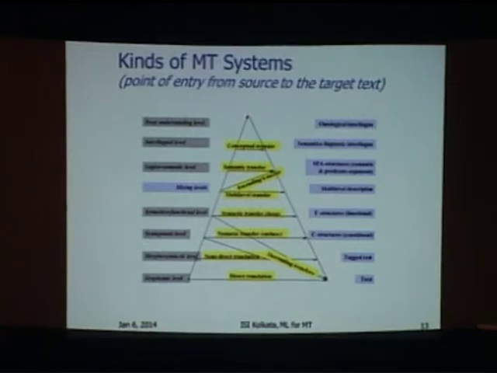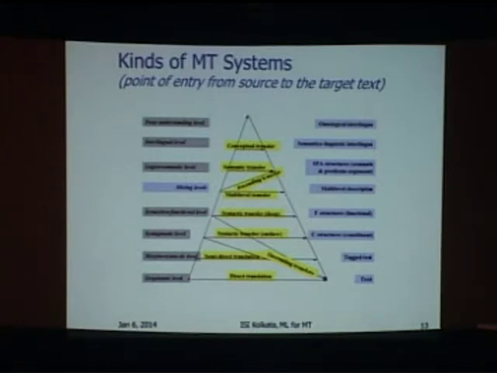This triangle captures the fact that to get from the source sentence to the target sentence, I can come from the base of the triangle, or I can move slightly up on the left hand side, then do a transfer to the right hand side, and then generate the target language sentence.